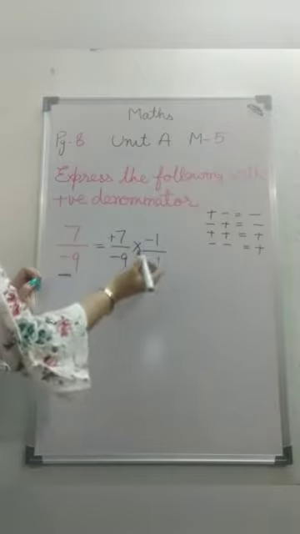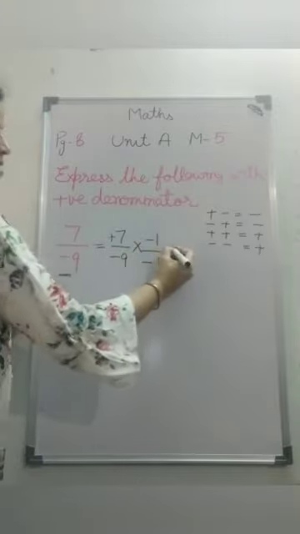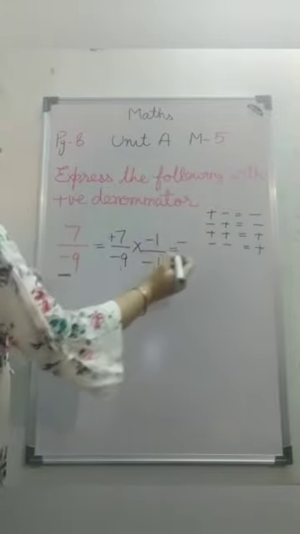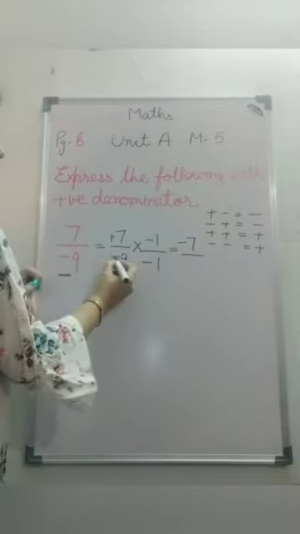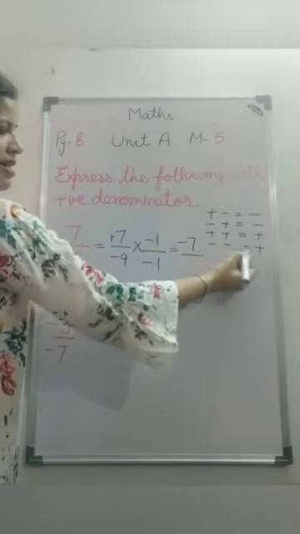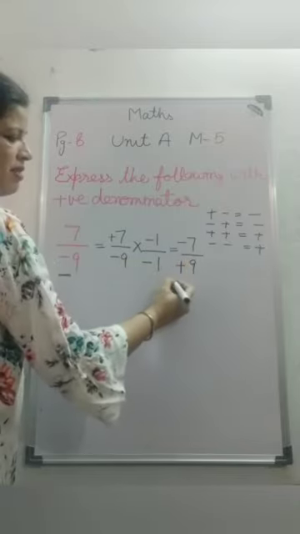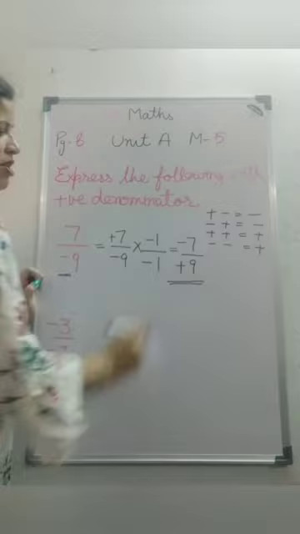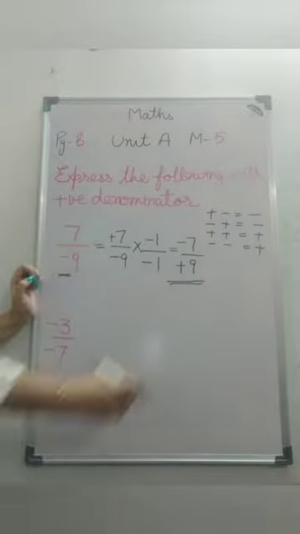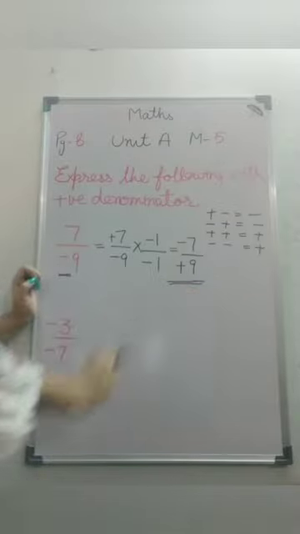So 7 into -1 is equal to -7. Minus minus, just look here, minus minus is plus, so we write down plus. 9 into 1, 9. So just see here, this time the denominator is positive. So in this way we can convert our denominator.